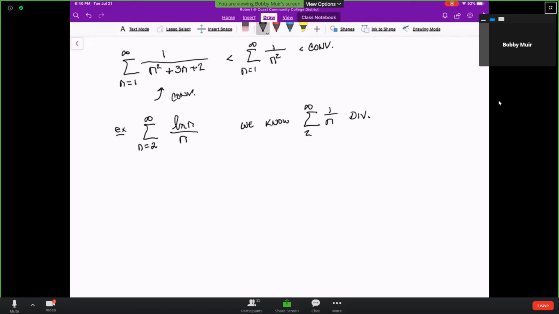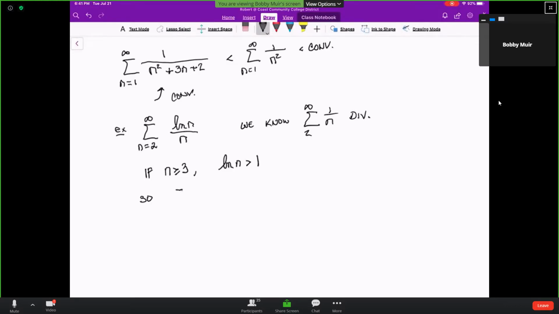So the natural log of 3 gets bigger than 1. And if n is bigger than or equal to 3, the natural log of n is going to be bigger than 1.